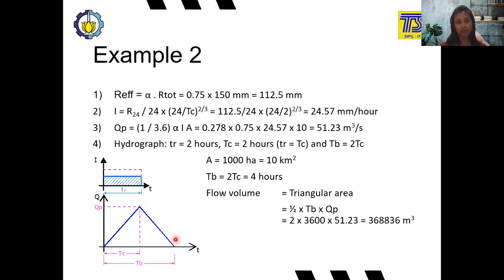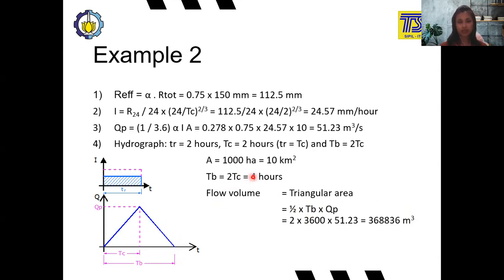And then from this triangular hydrograph, we can calculate the flow volume of this triangular area using this equation: half times time base, which is 2 times time of concentration, times peak of discharge.